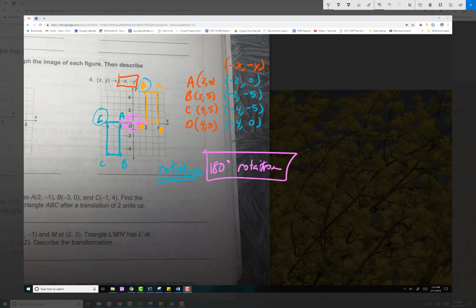A lot of teachers will make you say about the origin, because it was about the origin. And so we see that when you change the sign of both the X and the Y, you end up getting a 180 degree rotation around the origin.